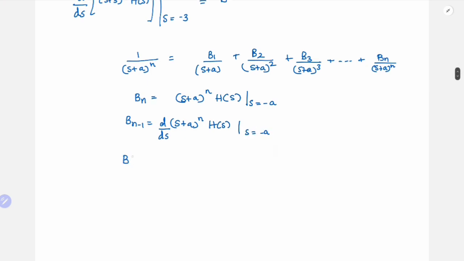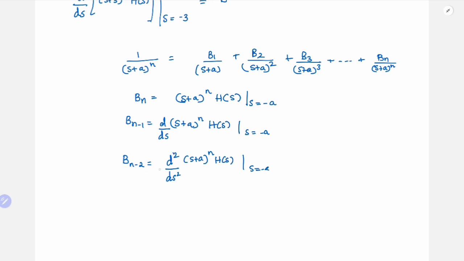Now when I do it for b(n minus 2), I need to take a double derivative, at s equal to minus a. But you should also be careful with the constant terms when you're taking derivatives.